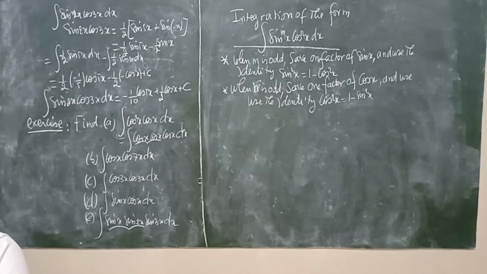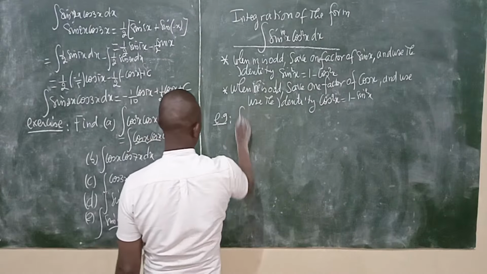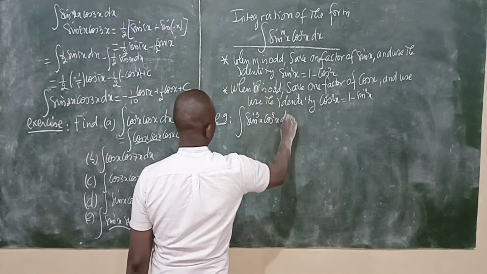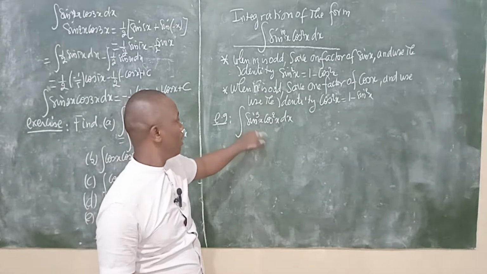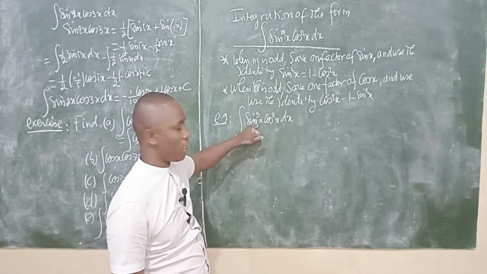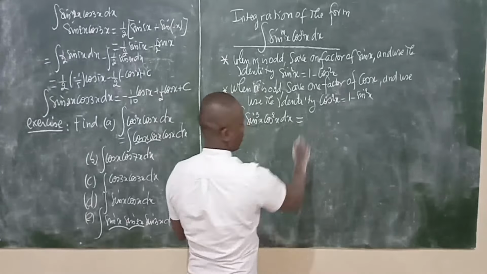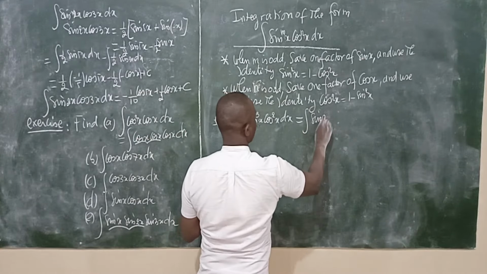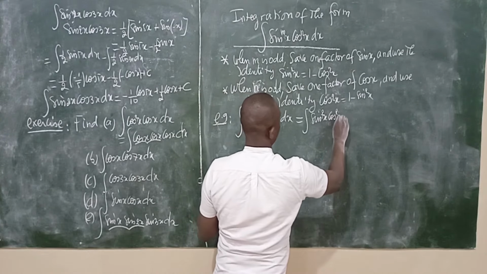Okay, let's have examples, guys. Example 1. We have the integral of sine power 3x cosine power 2x dx. As you see, the power of sine is odd. That's why we are going to save a factor of sine x. This will be the integral of sine x, sine squared x times cosine squared x.